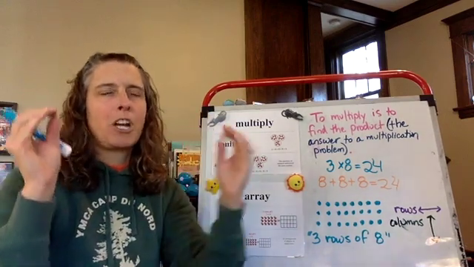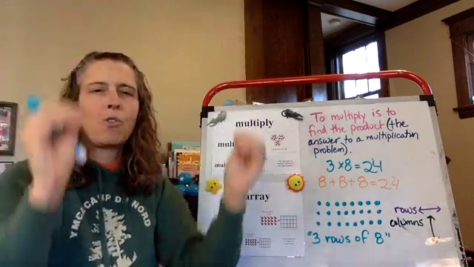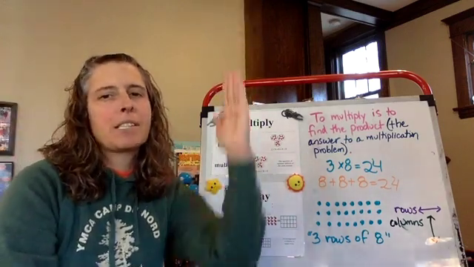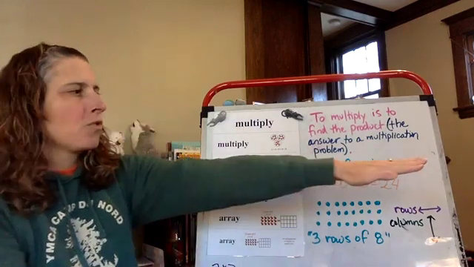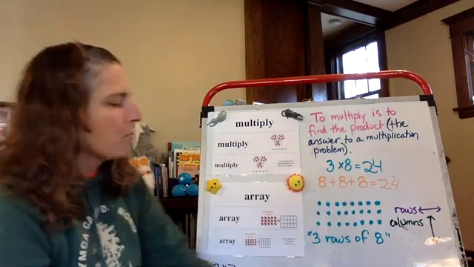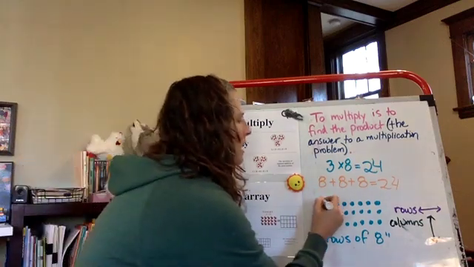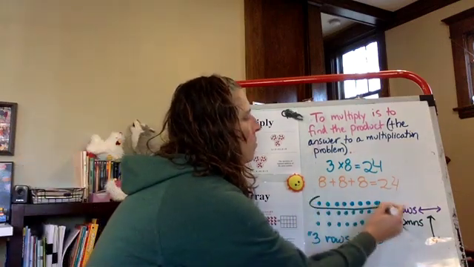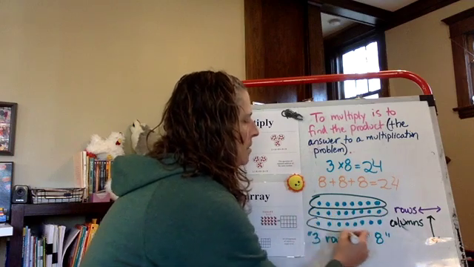Columns usually are at the front entryways of houses, and they look like they're holding the entryways up. That's the best way to remember that columns go up and down, and the opposite, rows go straight across. So right here, I have 3 rows of 8, and I'll draw attention to them like this. This would be one way to show 3 times 8.